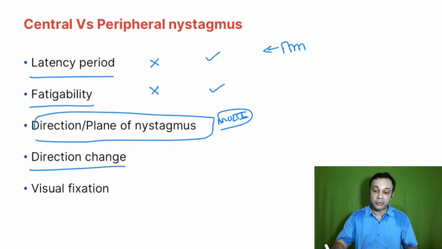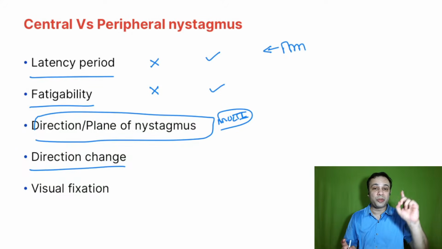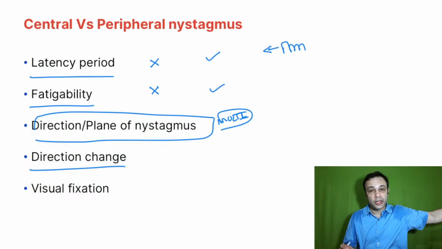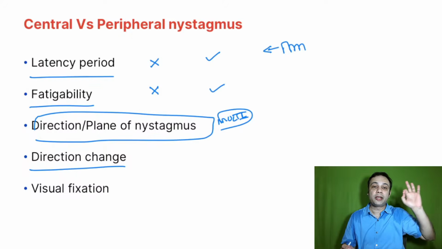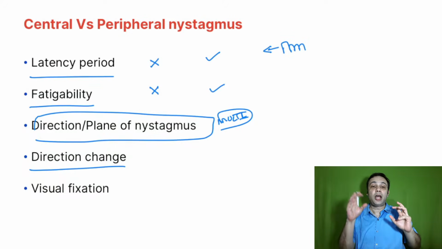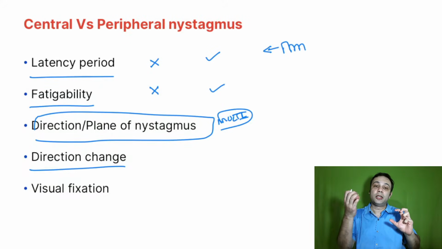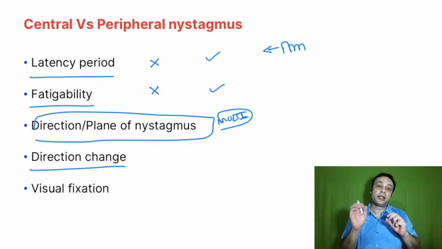Remember, the kinocilium is very close to the vestibule in the lateral semicircular canal, whereas in the posterior and superior semicircular canals, they are away from the vestibule. So when you have an ampullofugal movement, there is depolarization as far as the superior and posterior semicircular canals are concerned, whereas in the lateral semicircular canal, an ampullopetal movement will cause depolarization.